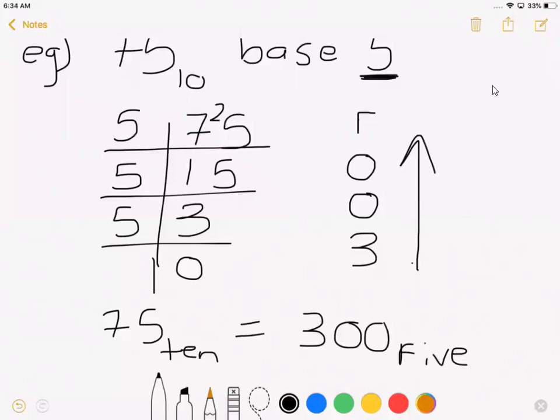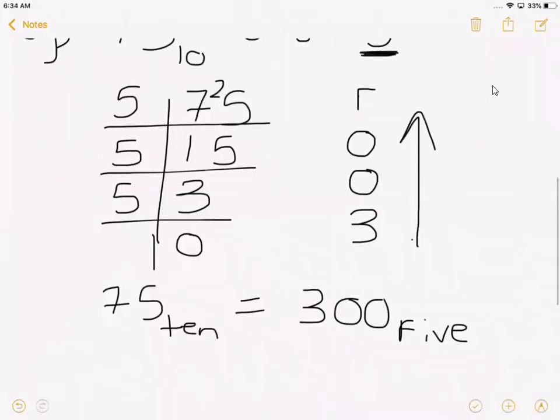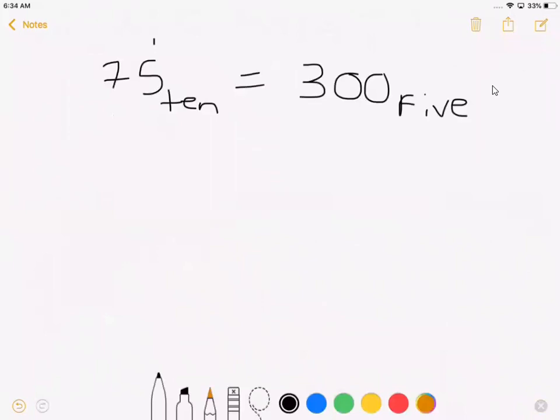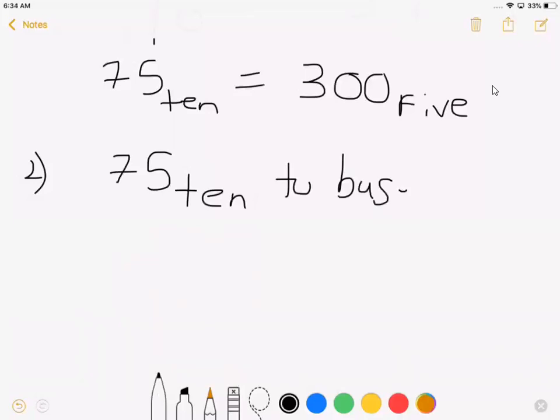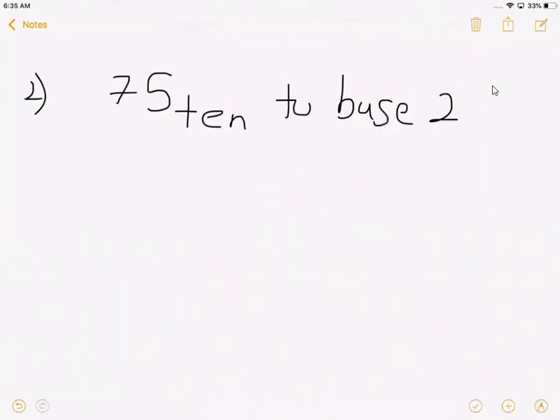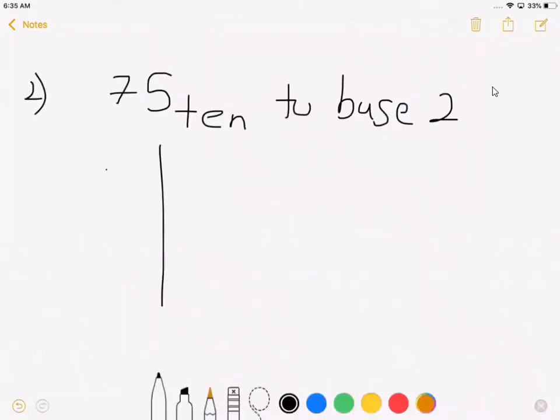I'm going to do another example. Example number 2. Again, we want to write 75, which is in base 10, to base 2 this time. We are going to do the same thing. 2 into 75, because this time we are changing to base 2.